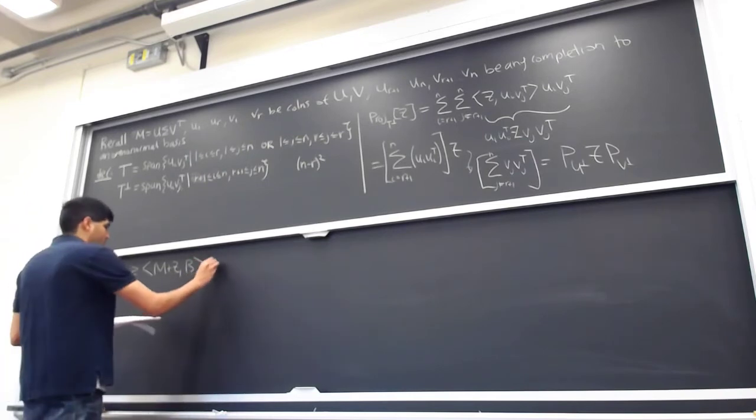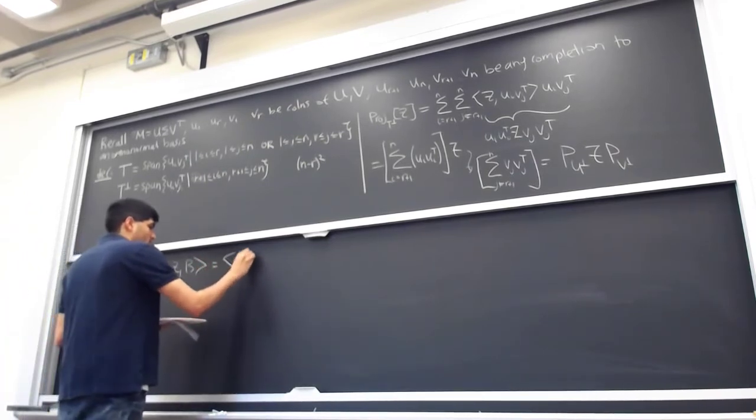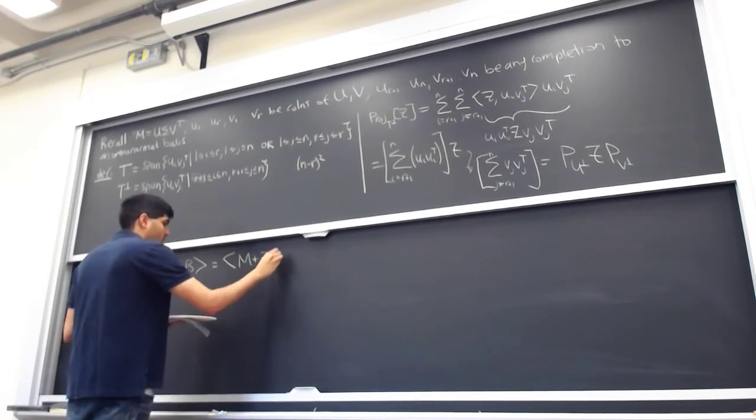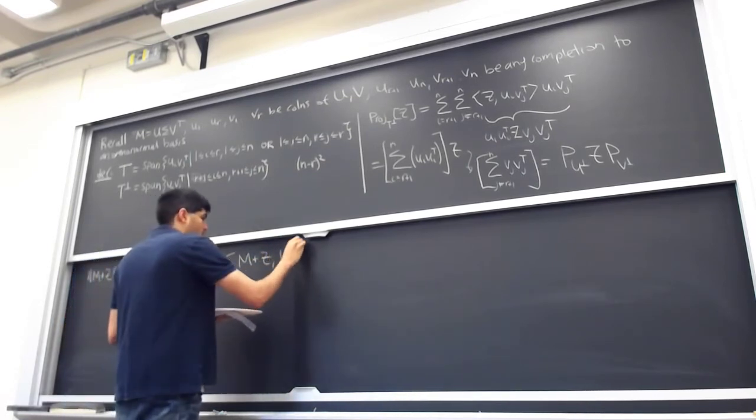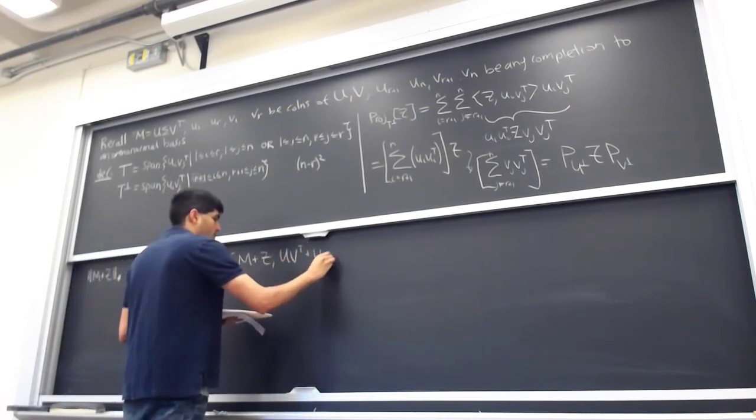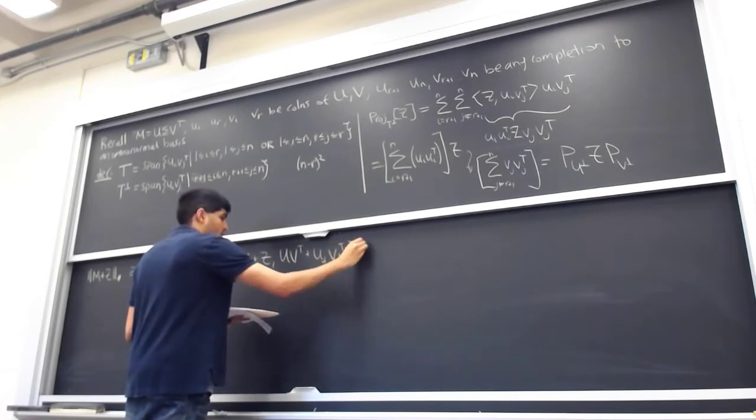Now let's write this out to be a bit more explicit. This is M plus Z, inner product with UV transpose plus U perp V perp transpose.